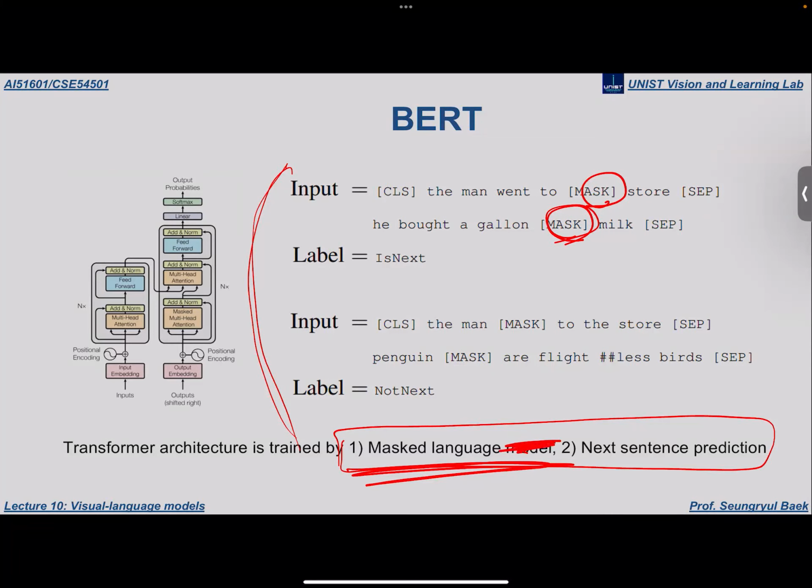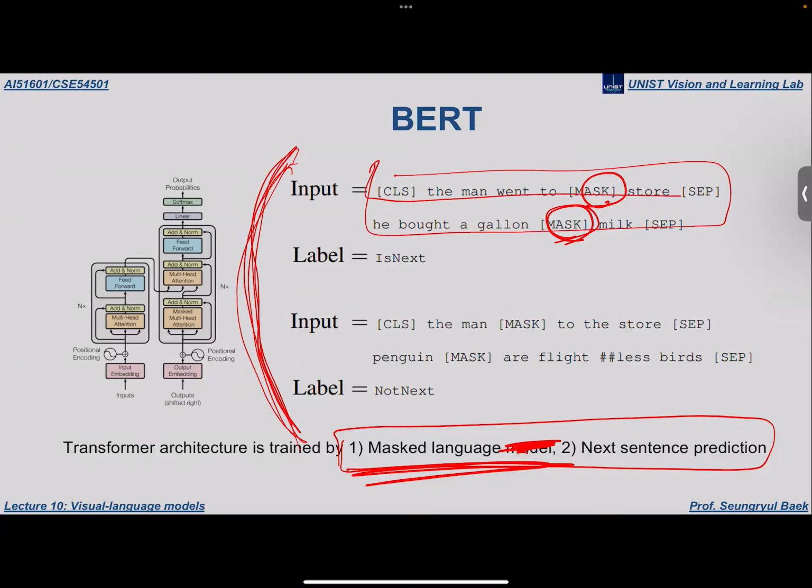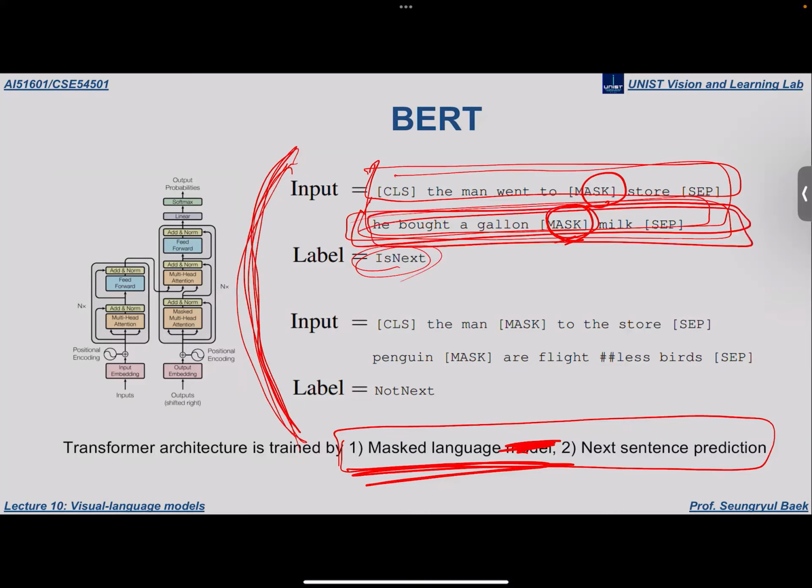And the second task is, given these two sentences, this is the first sentence, and this is the second sentence, we have to estimate whether the second sentence is the next sentence of the first sentence or not. That's the second task, next sentence prediction.